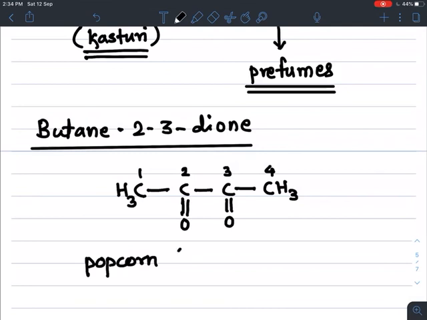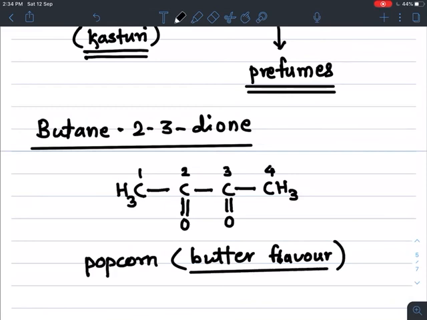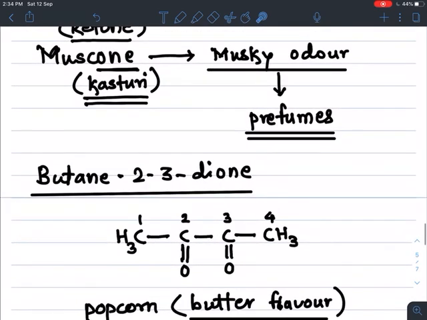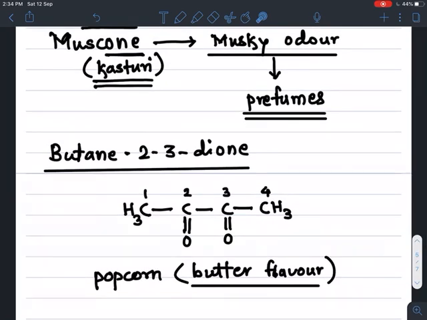So popcorn has a butter odor or butter flavor, a buttery taste, due to the presence of this butane 2,3-dione ketone in the popcorn, and it is very interesting and very important in our daily life. So these are some examples of different ketones which play a very important role in our daily life.